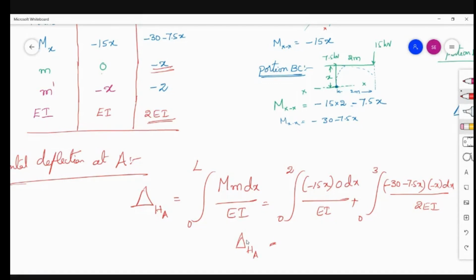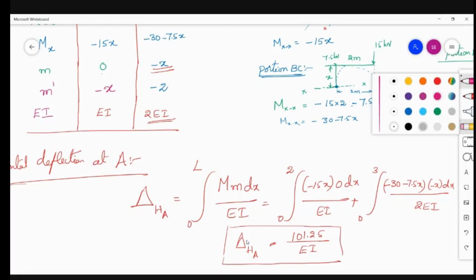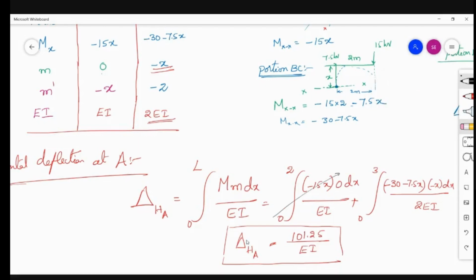Upon simplification, you will get the deflection as 101.25. Please do the simplification and tell me whether this answer is accurate or not. This term has become 0. Don't worry about this term. Only this term is to be calculated, and the answer is this one.